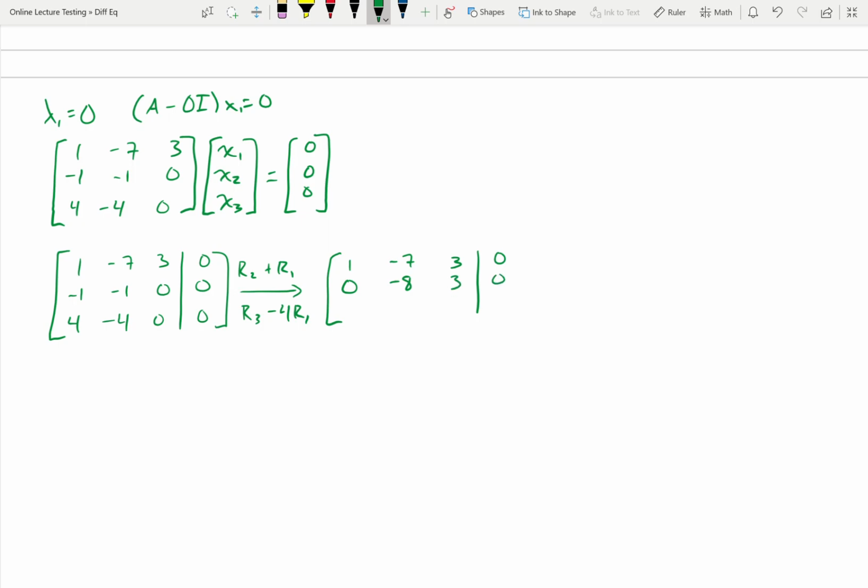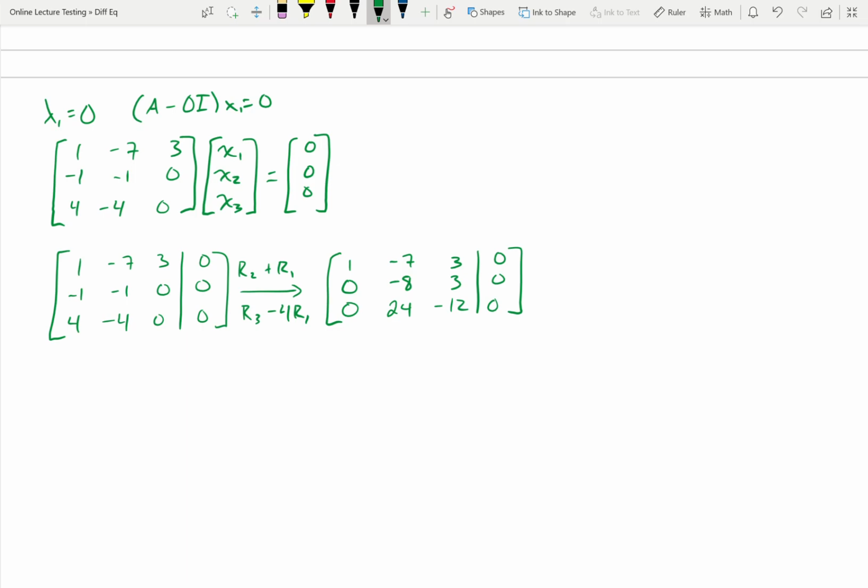And then subtracting 4 times row 1, we get 0, positive 24, negative 12, 0.